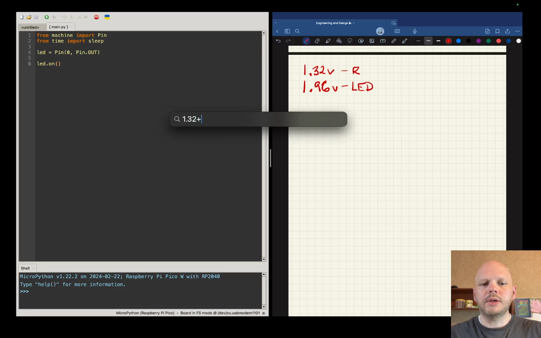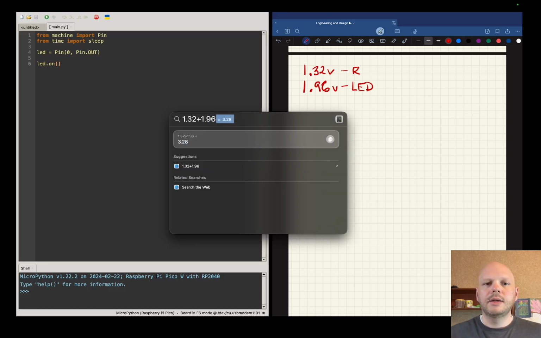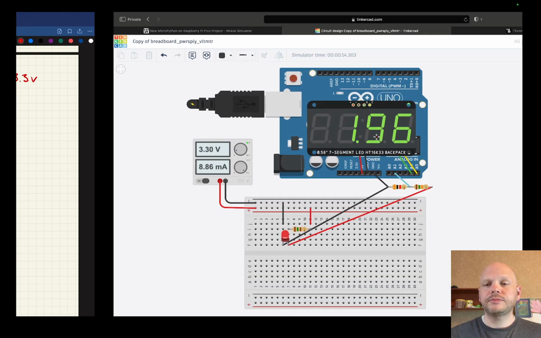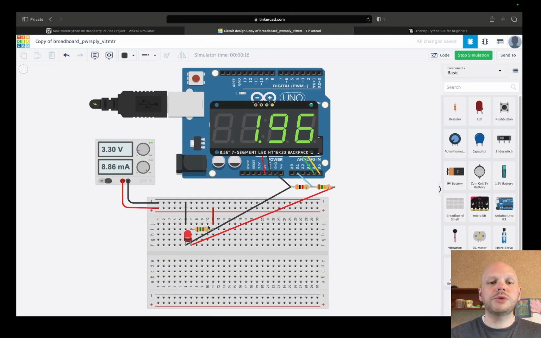1.32 plus 1.96, 3.28. Those two numbers added together gives us 3.28 volts, or about 3.3 volts. So here's what you need to know. We only have two components in our circuit, a resistor and an LED.